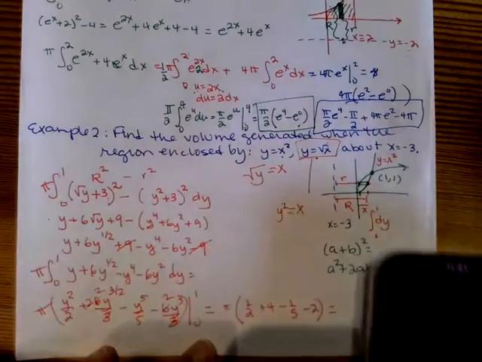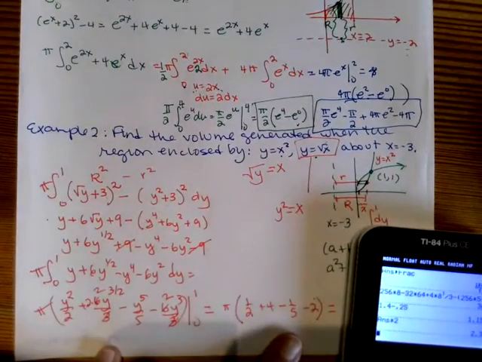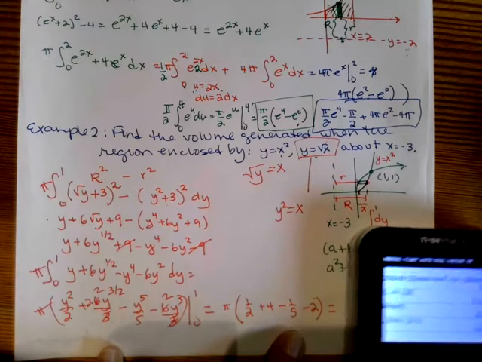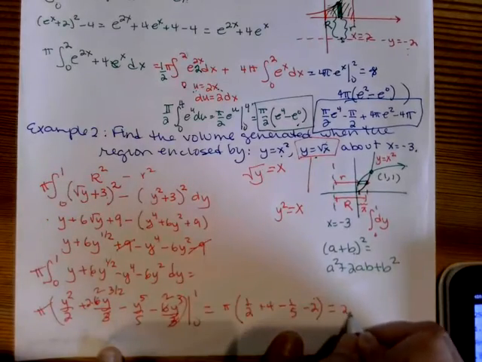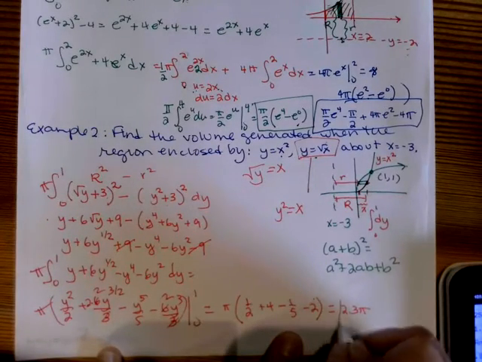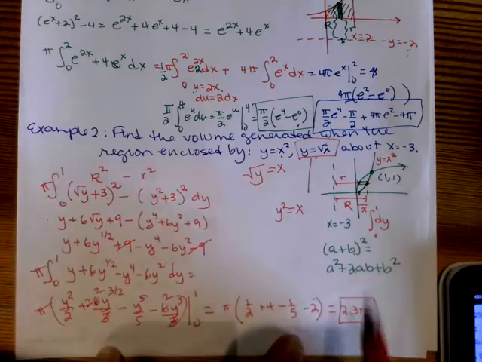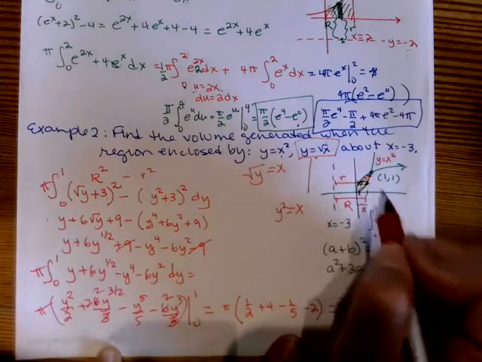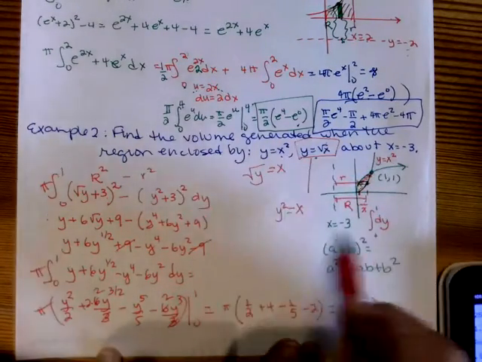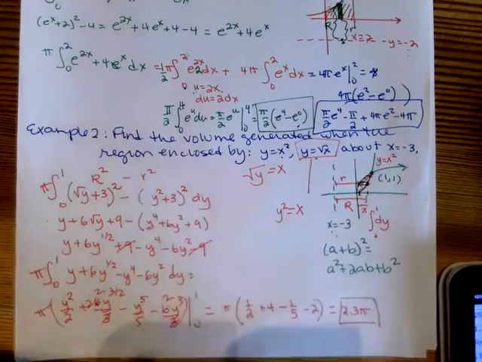And let's see what my calculator tells me, because I want to not make a mistake at this point in the game. So that looks like 2.3 pi. So that's the volume if we take this little shape and spin it around this line, x equals -3.